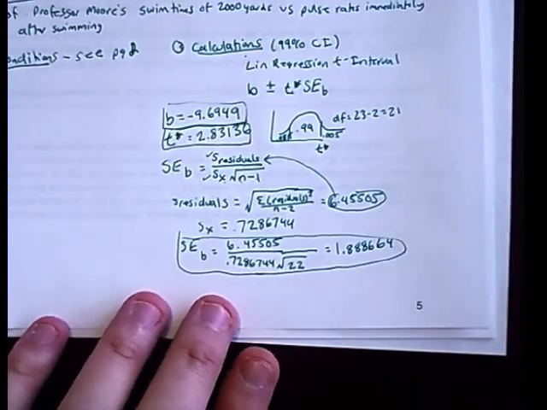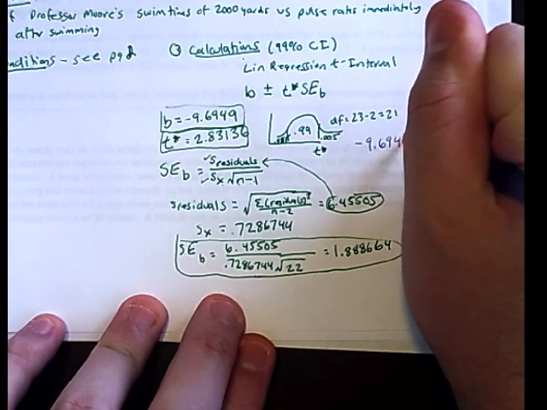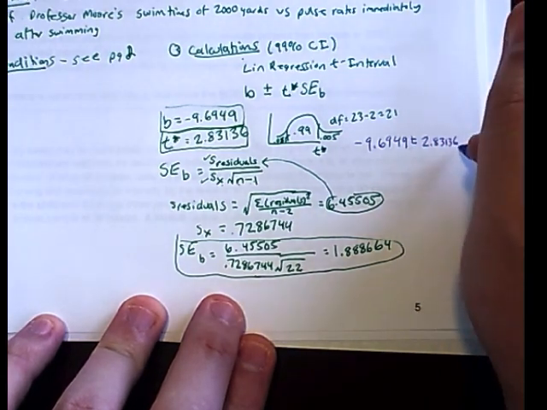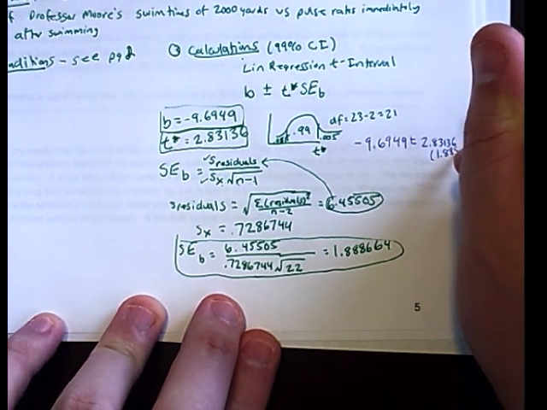So I have negative 9.6949 plus or minus 2.831136 times 1.888664.